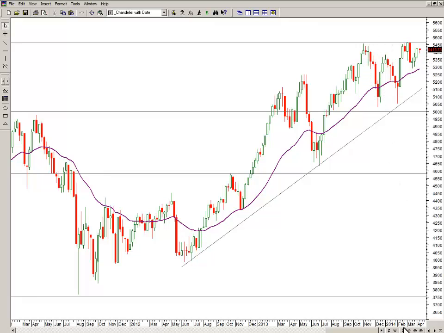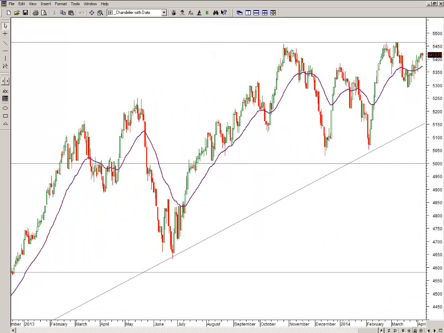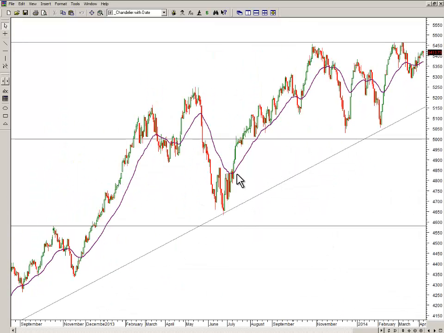If we go over to the daily chart, you can see that pause of the market action there, where it's powered through the 5,000, moved all the way up to about just above the 5,450, then it's fallen back, and it's actually made equal lows and double bottomed around here.